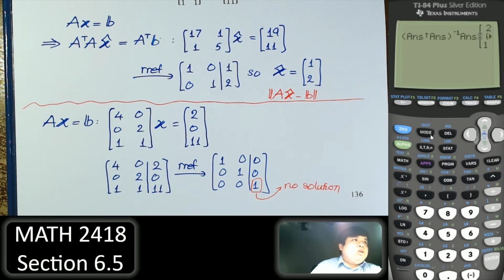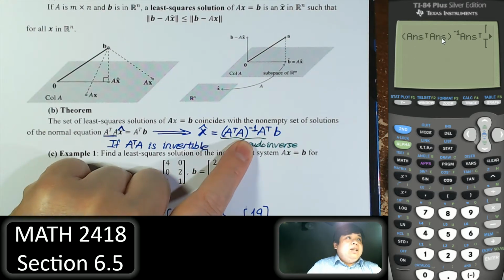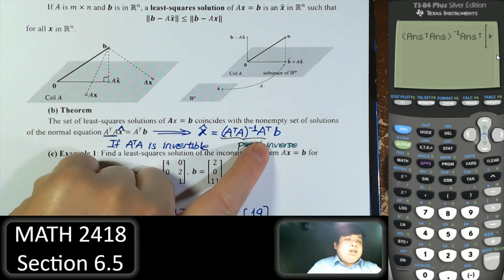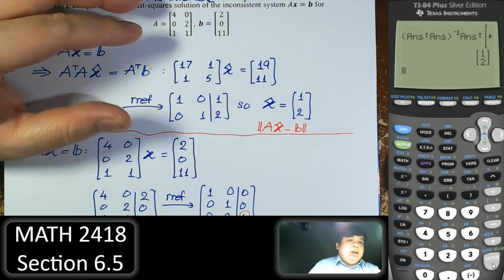Sorry, I forgot to transpose. So the inverse of A transpose A, and then times A transpose times B, and doing that we have 1 and 2.